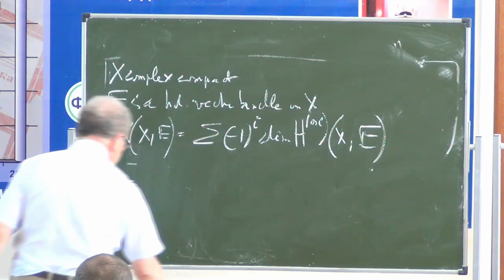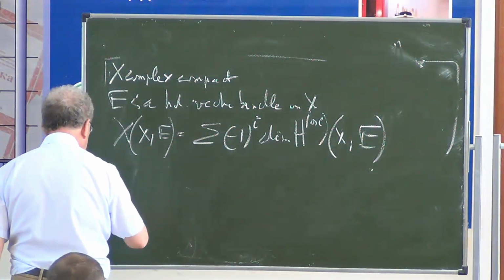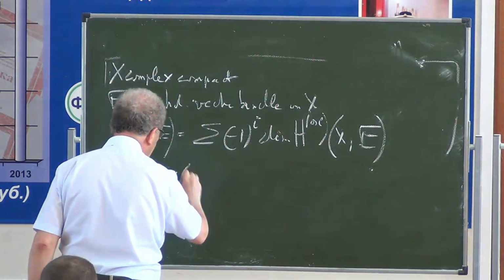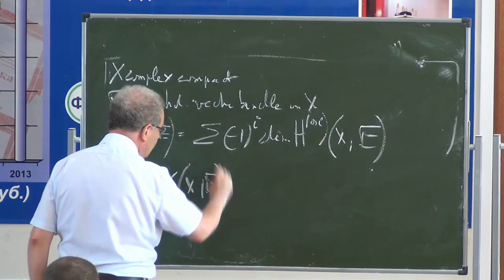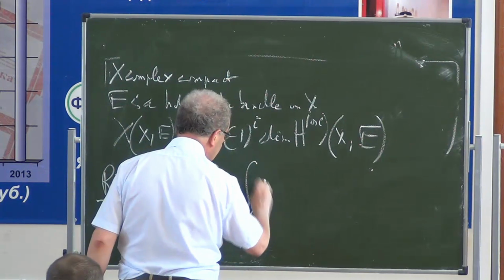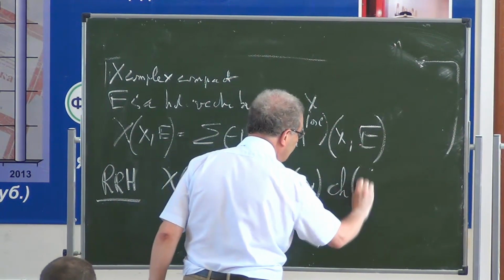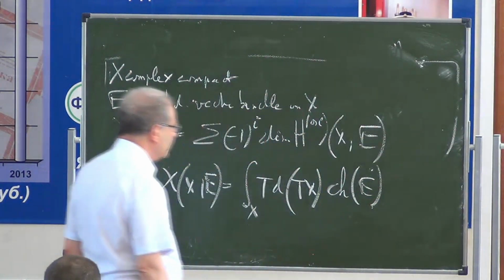And using what I said before, you get the formula of Riemann-Roch-Hirzebruch, which says that this Euler characteristic is given by the integral over X of Todd of the holomorphic tangent bundle paired with a Chern character of E.